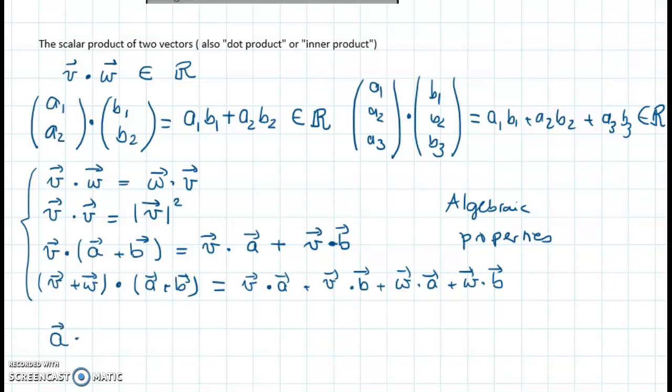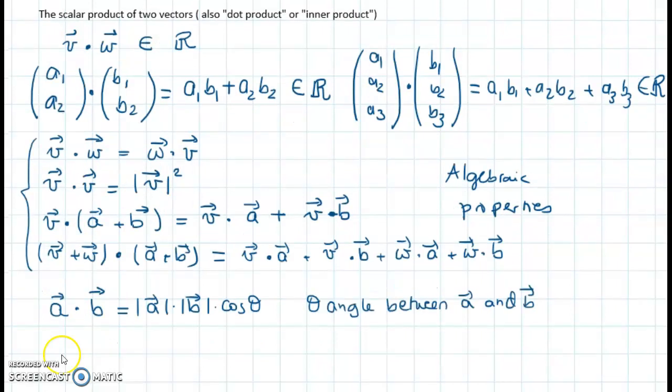We can find the dot product between two vectors A and B by considering the length of the vector A times the length of the vector B multiplied by the cosine of theta, where theta is the angle between the vectors A and B. This is a very useful property because it means that we can find the cosine of the angle between two vectors, and hence the angle between two vectors, by considering the dot product between them and dividing it by the product of the lengths of the vectors.